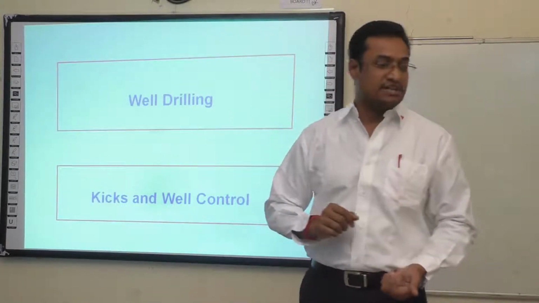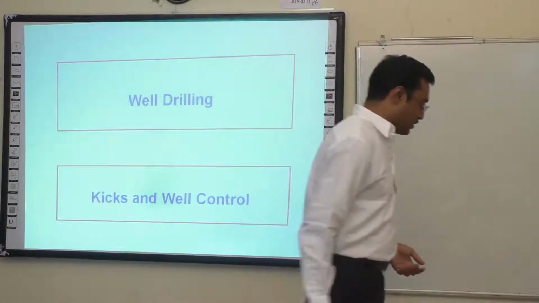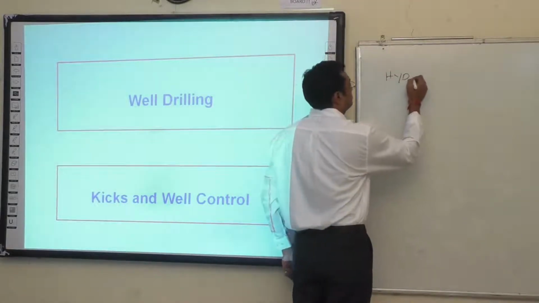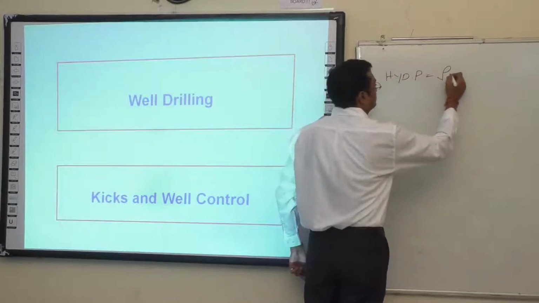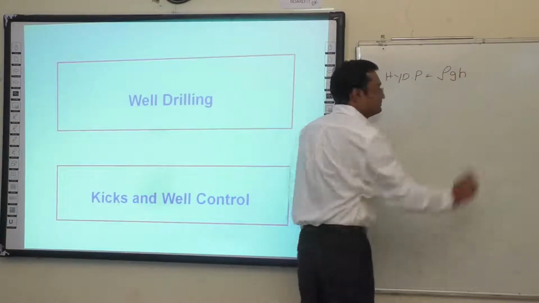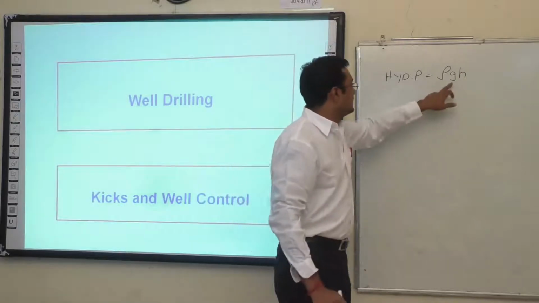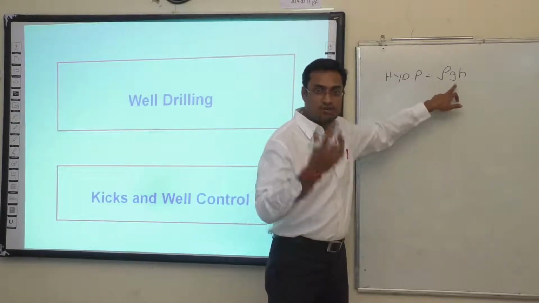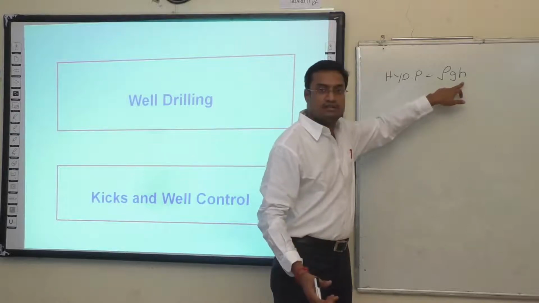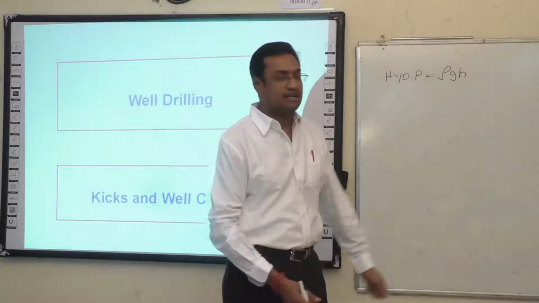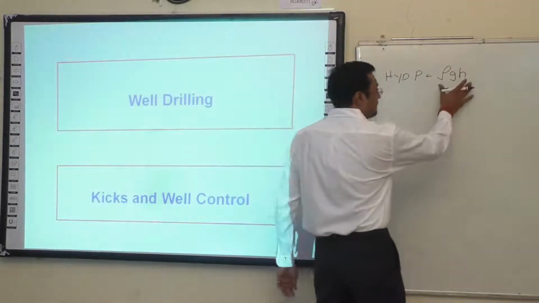So hydrostatic pressure is nothing but rho g h. Rho is the density of the fluid, g is the acceleration due to gravity, and h is the height of the liquid column which is acting. This is the formula which is generally used.